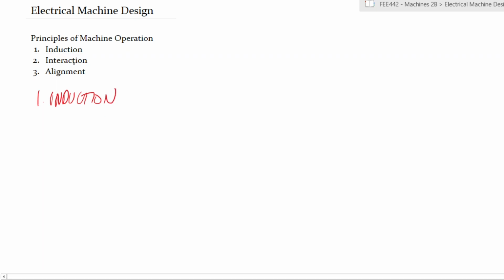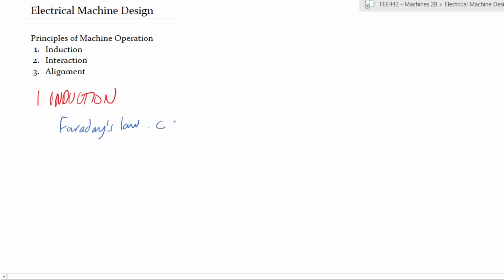Now, induction makes use of the physical property of electromagnetic fields that is described by Faraday's law and Lenz's law. So Faraday's law describes the effect of the change of a magnetic flux.